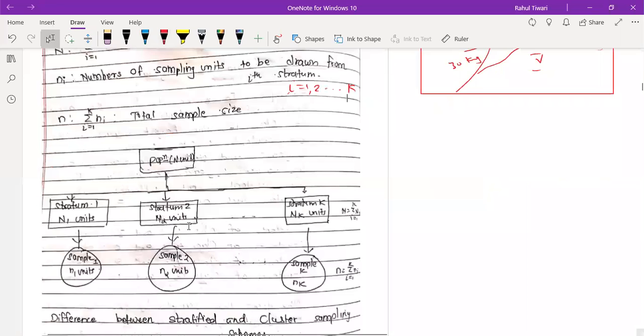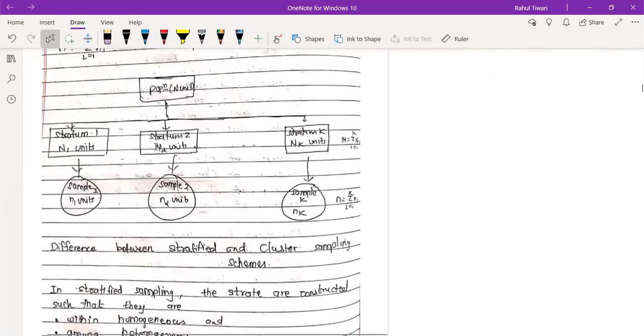I think this will become simple for you. I have a population. The population is divided again into small populations, but within each it is the same. So within it is homogeneous, but between it is heterogeneous. This is same, this is same, this is same.